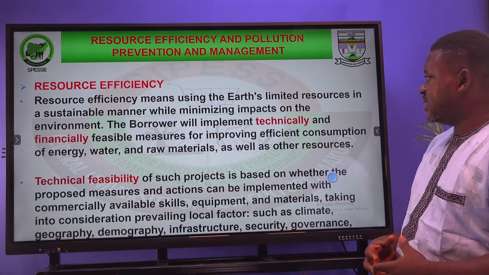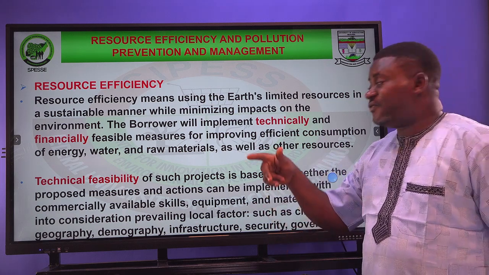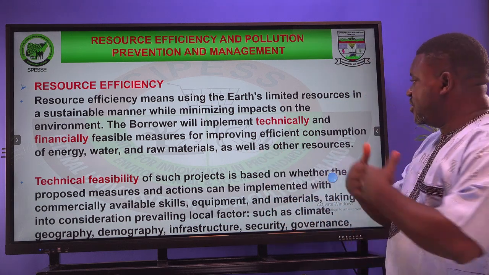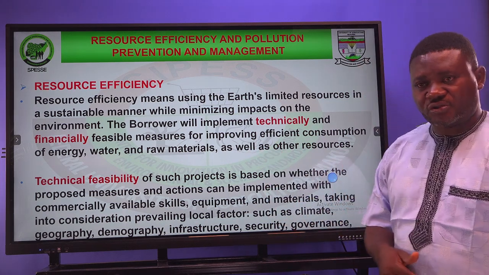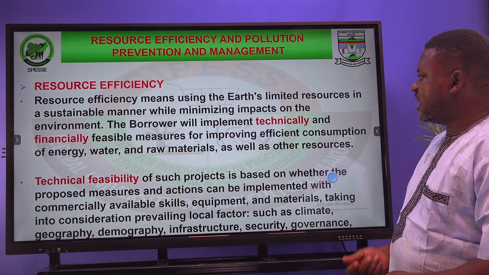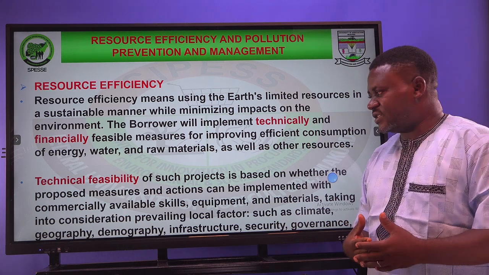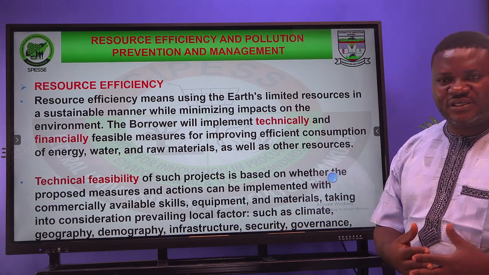Now, the borrower will implement technically and financially feasible measures for improving efficient consumption of energy, which is a resource, water, which is a resource, and raw materials, which are also resources, as well as other resources. Now, what do we mean by technical feasibility?